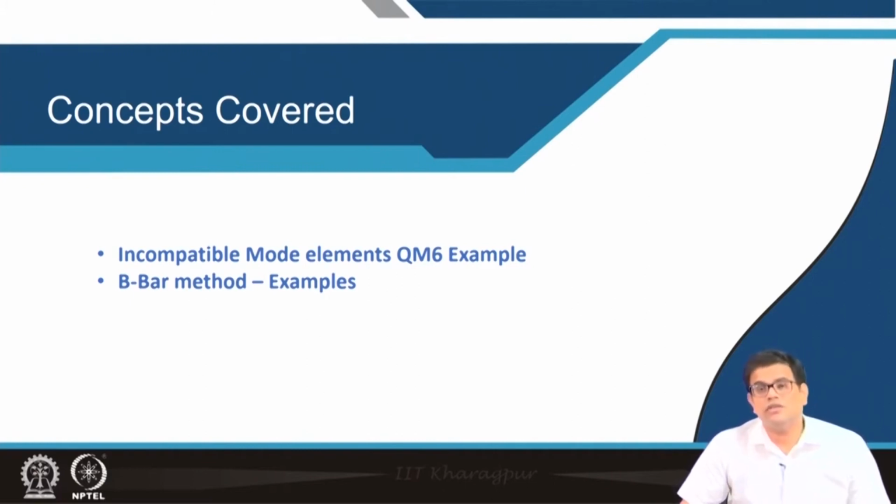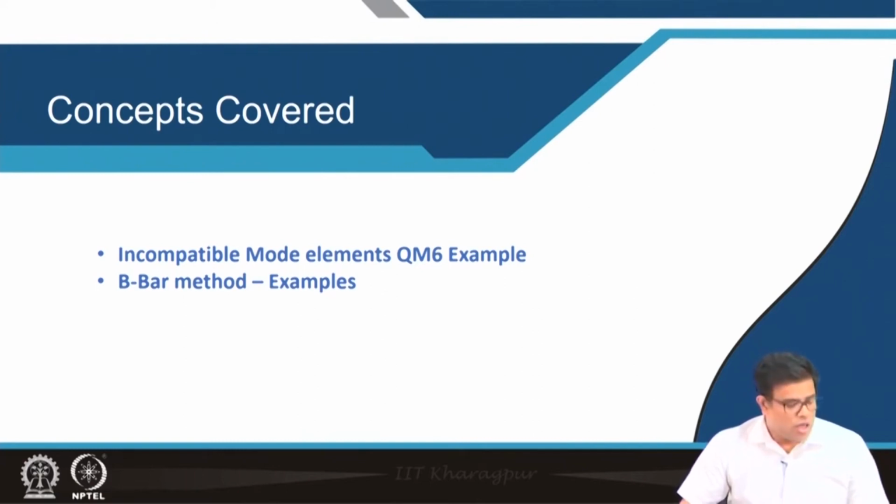These 9 constants you have to condense out, and the 3D stiffness matrix will be 24 by 24 for an 8-noded element, but finally you have to compute the inverse of a 9 cross 9 matrix. While in 2D you have to take the inverse of a 4 cross 4 matrix, corresponding to the extra incompatible constants.